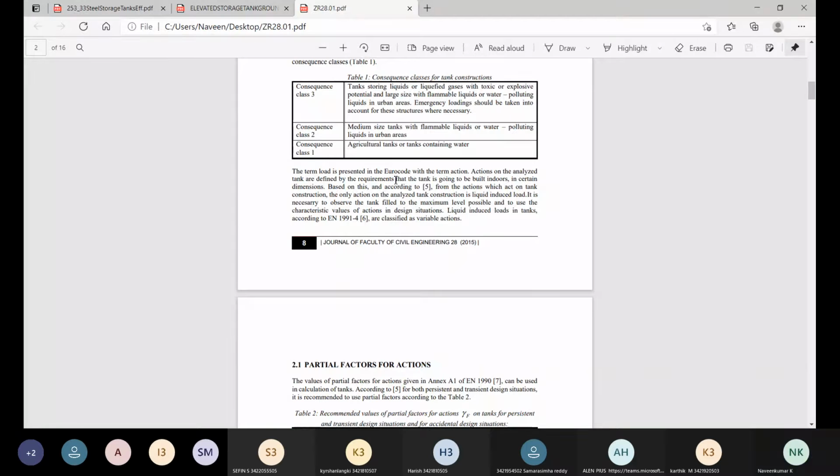It stores a variety of liquids, whatever the nature may be. It is large in size and predominantly used in urban areas for storing toxics. This is the nature of the third class of steel structure.